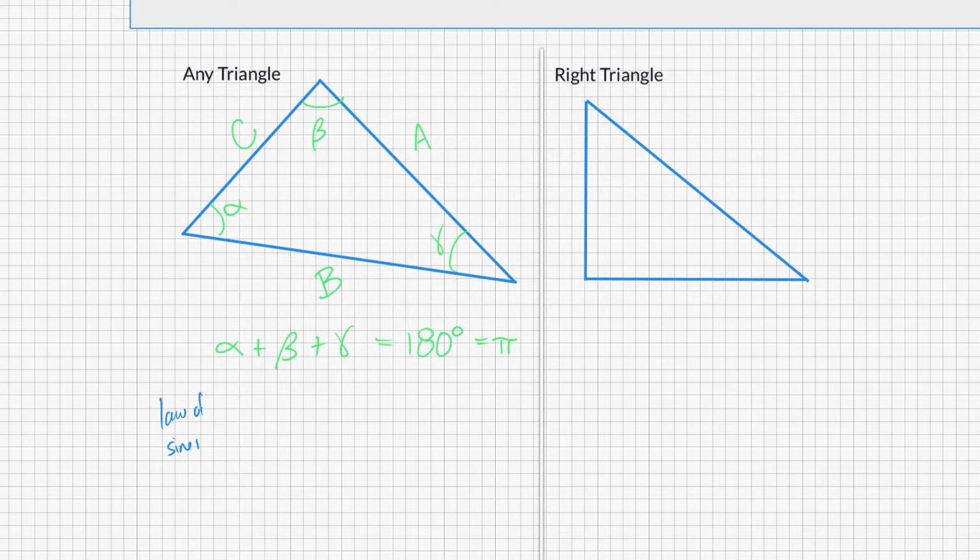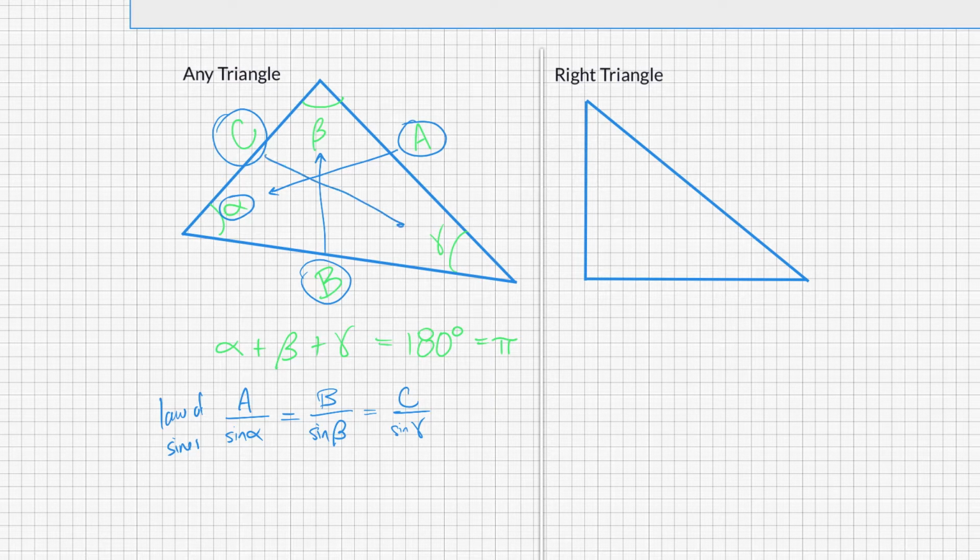It compares the ratio of side A to the sine of the angle across from it, alpha, and that equals B over the sine of beta, which equals C over the sine of gamma. Again, noting that those are across from each other.